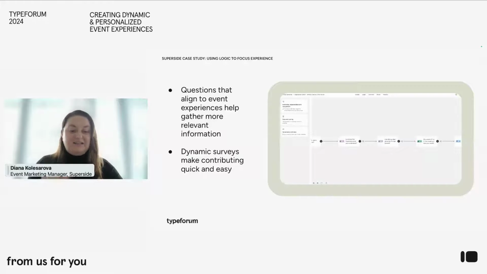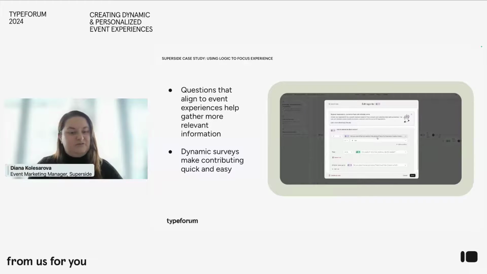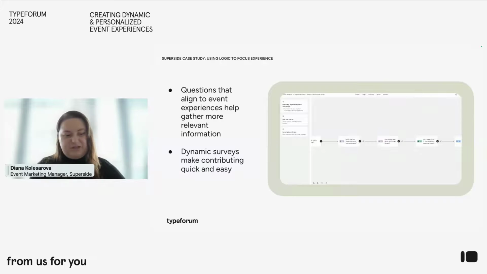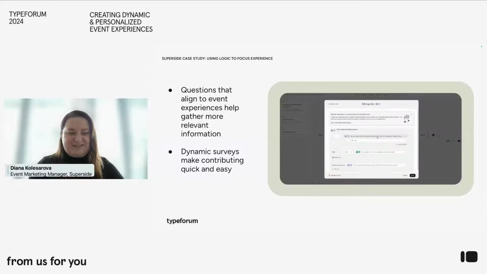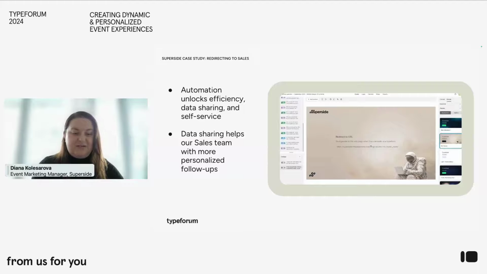This dynamic surveying makes contribution really quick and easy. It also feeds us relevant information, and we're not asking everyone the same set of questions if they had different event experiences.